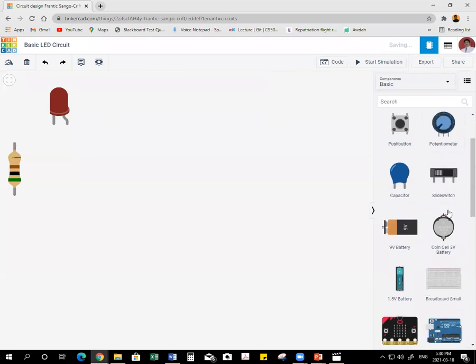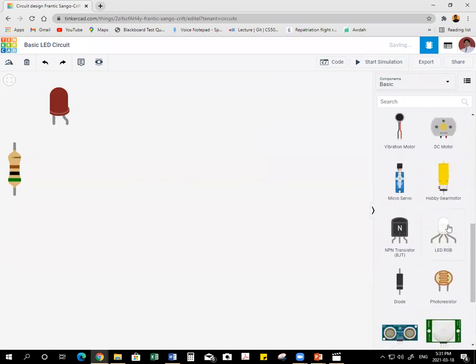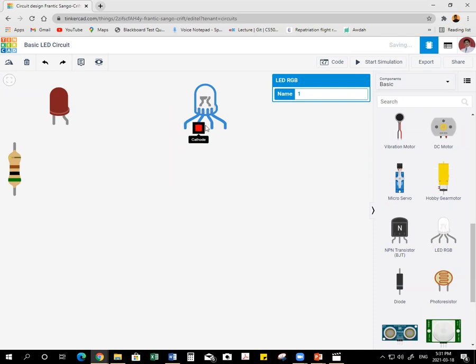Now there is an RGB, yeah, this is an LED RGB. What is the function of this RGB? Built in, it has 3 different light colors: red, green and blue. But here there are 4 connections.